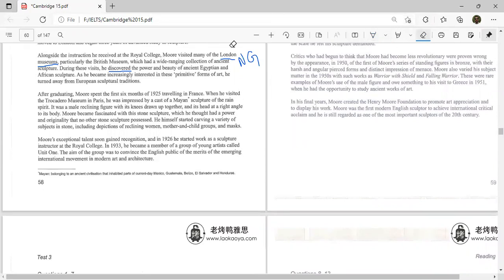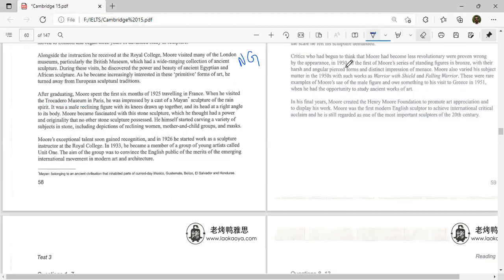In the fourth passage, after graduating, Moore spent the first 6 months of 1925 traveling in France. When he visited the Trocadero Museum in Paris, he was impressed by a cast of Mayan sculpture of the rain spirit. It was a male reclining figure with its knees drawn up together and its head at a right angle to its body.